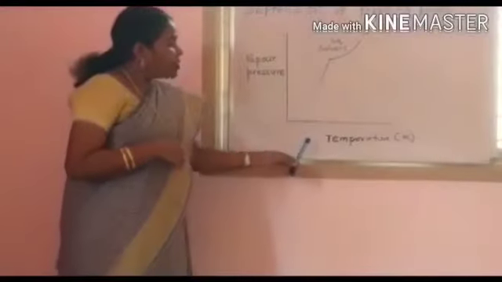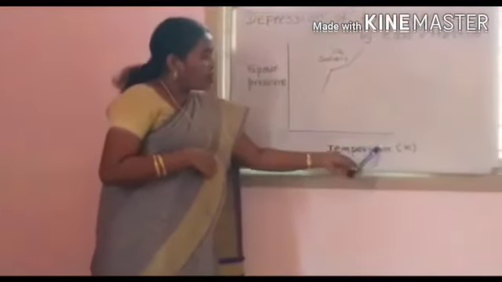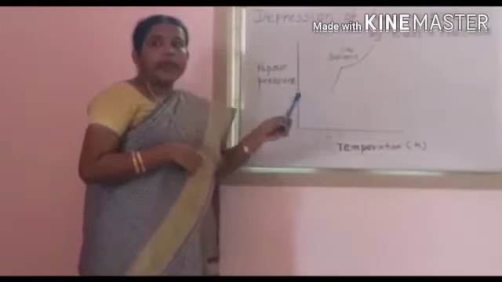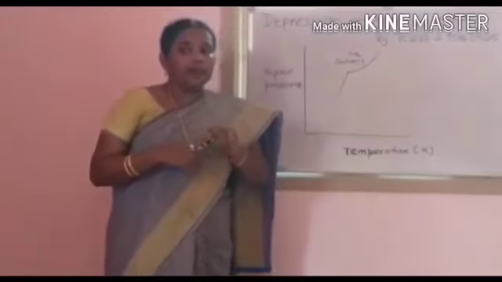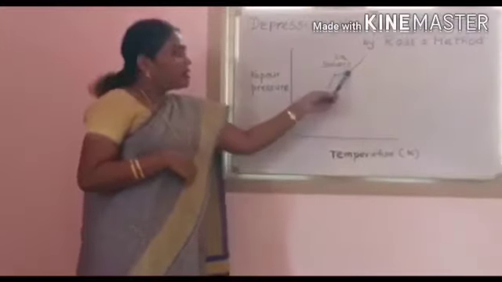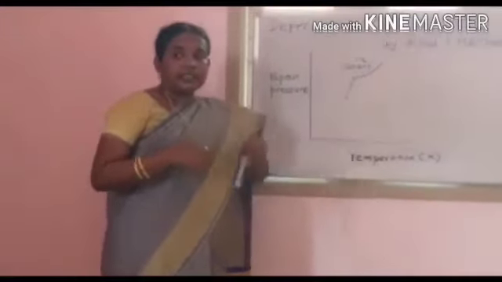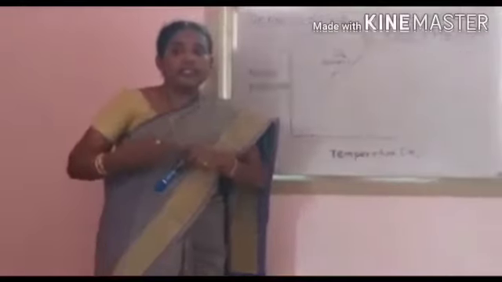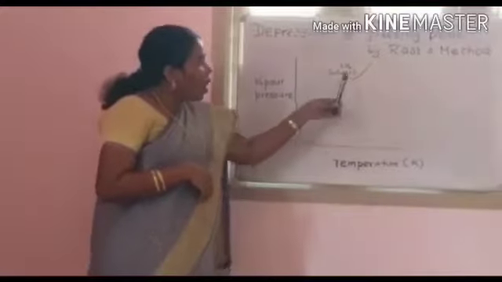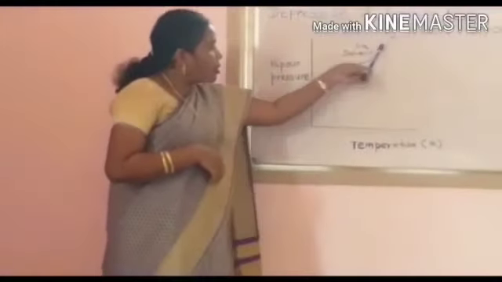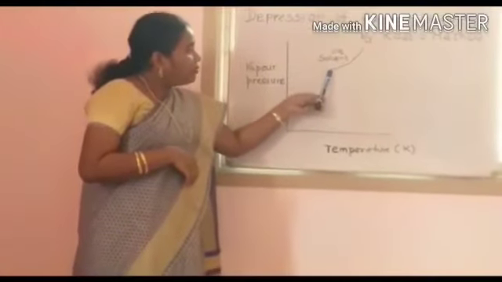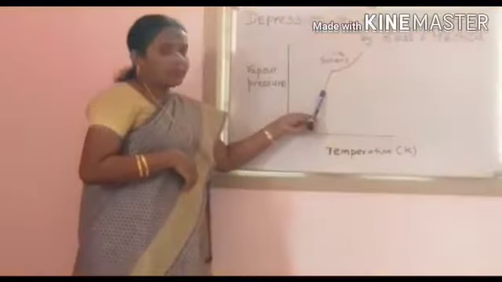You have temperature on the x-axis, measured in Kelvin, and vapor pressure on the y-axis. As you increase the temperature, vapor pressure goes on increasing. This is your liquid solvent. Let us take it as water. When the temperature goes on decreasing, the vapor pressure also goes on decreasing, and there is a point at which there is a sharp decrease.